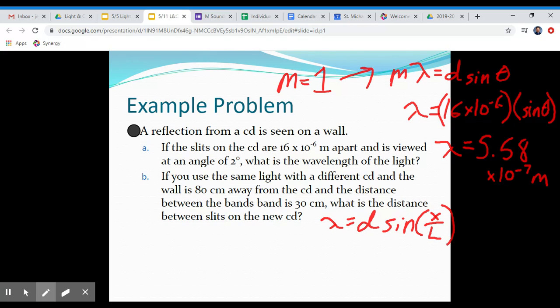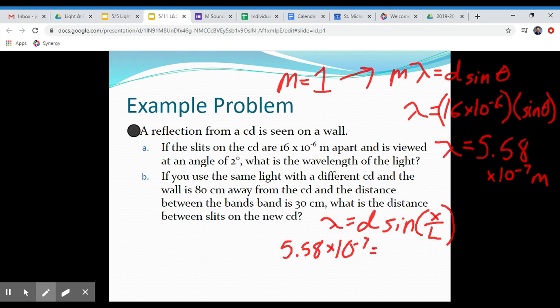We're still going to be using that same wavelength because we're still using the same light with a different CD. So we're still going to use 5.58 times 10 to the negative 7th.